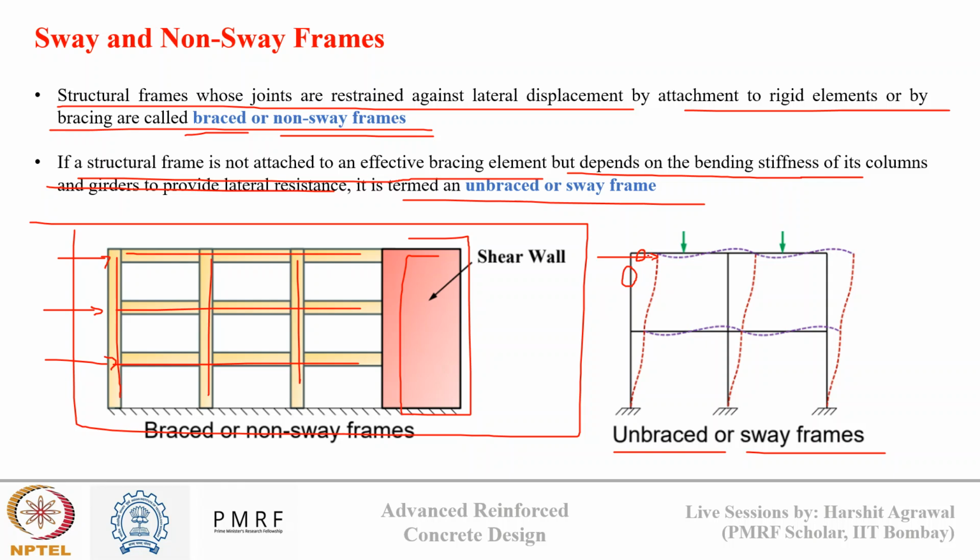Such a frame, where there is no support to resist lateral displacement and the displacement is governed by the stiffness of the frame elements, is known as a sway frame or unbraced frame.